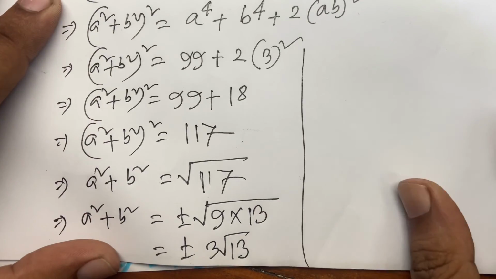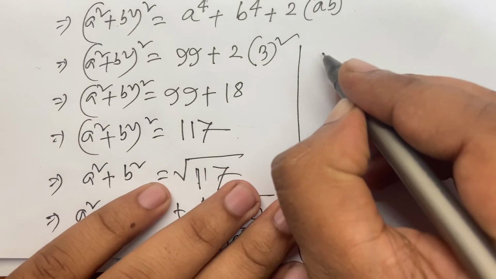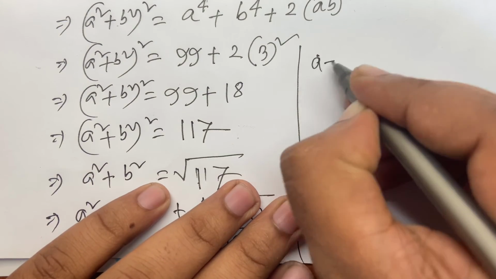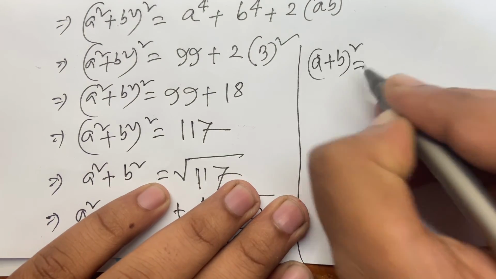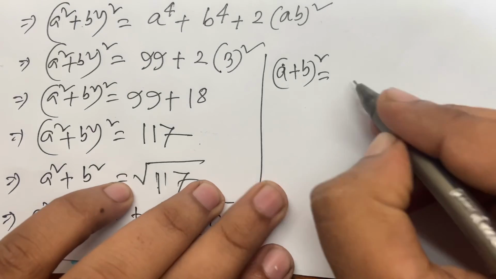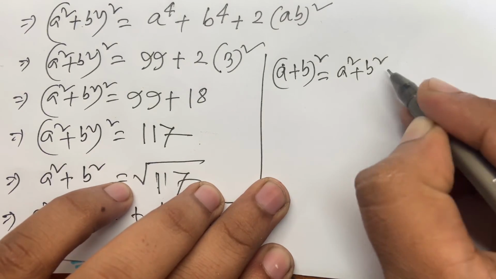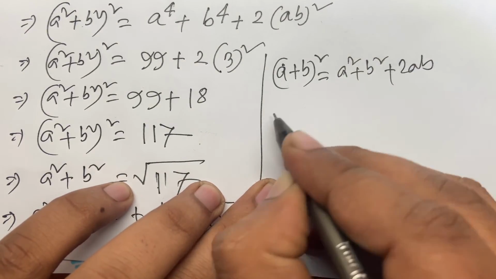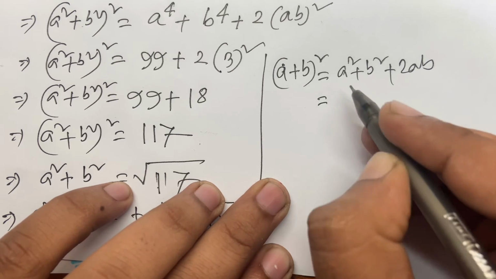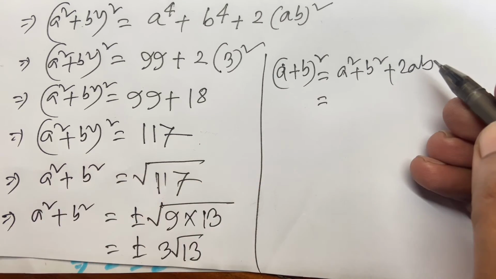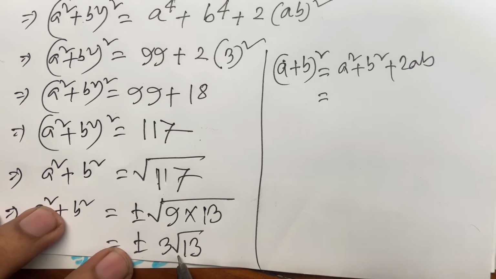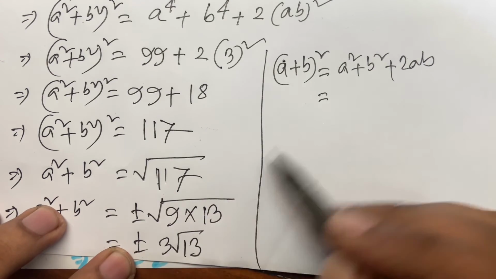Now we know that (a plus b) whole square equals a square plus b square plus 2ab. And now we know that a square plus b square equals plus minus 3 root over 13. I put this value in this line.